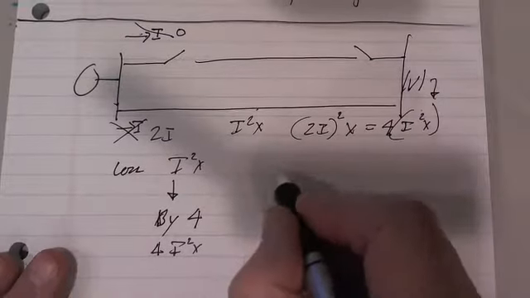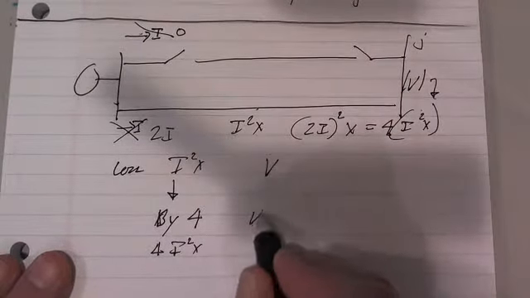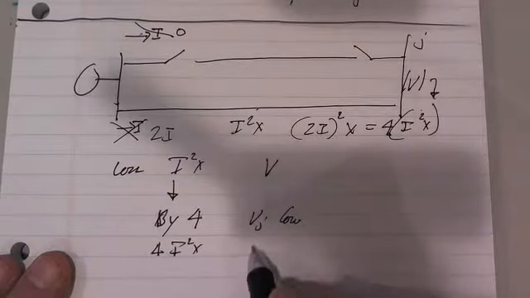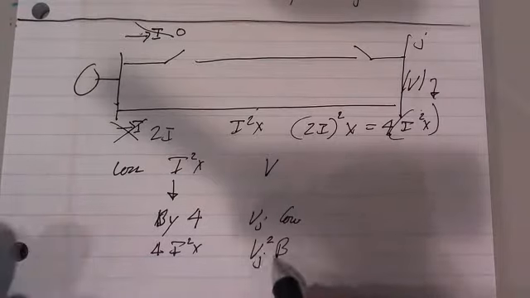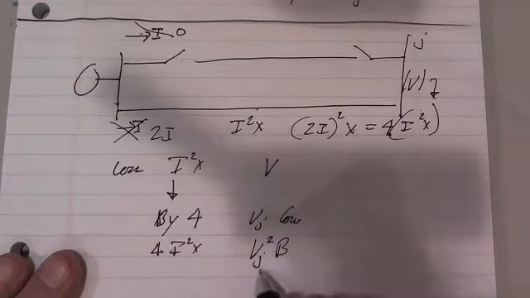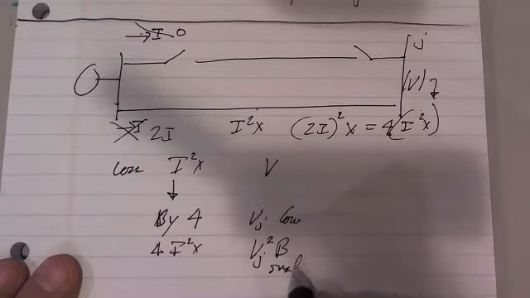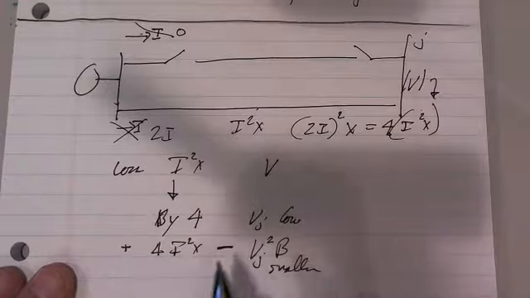4I squared X, and the voltage at the J end here, Vj, is lower, so the V squared J B is not going to go down by half or anything like that, and so this is now smaller. Remember, this is a negative term, this is a positive term.